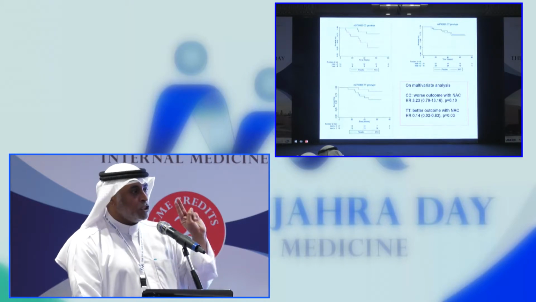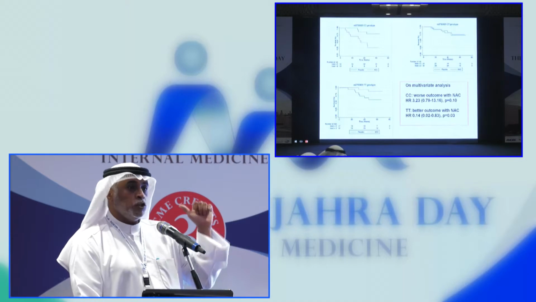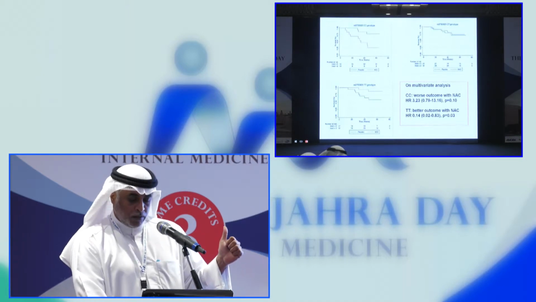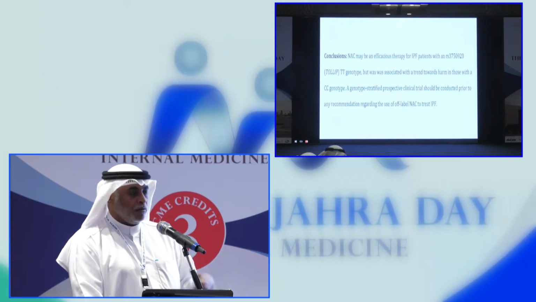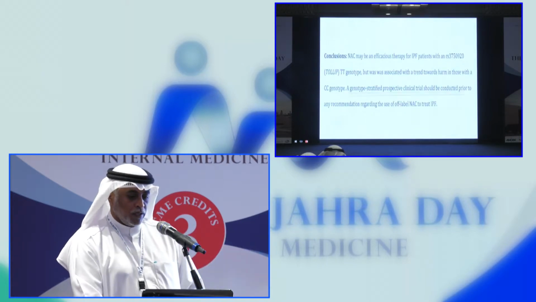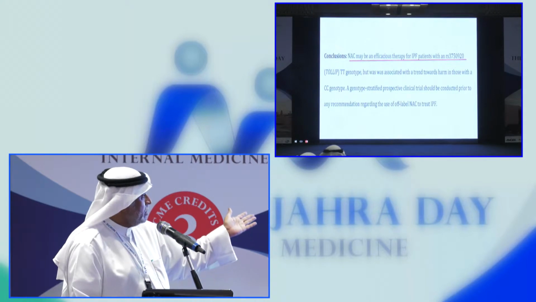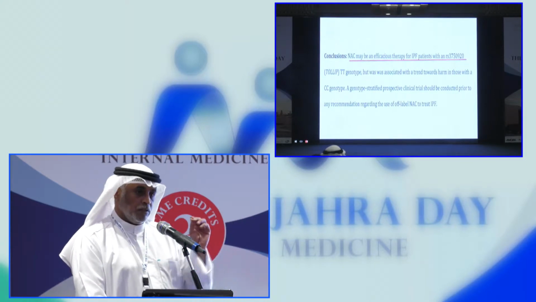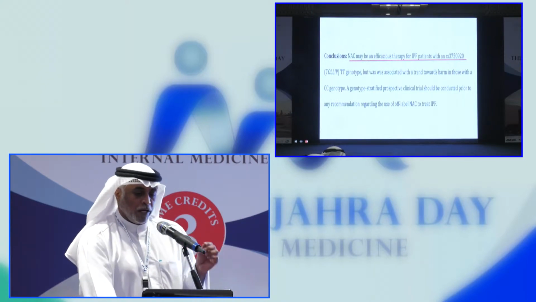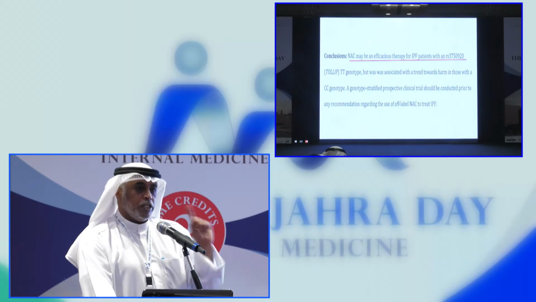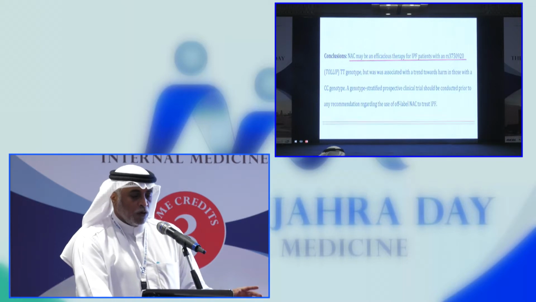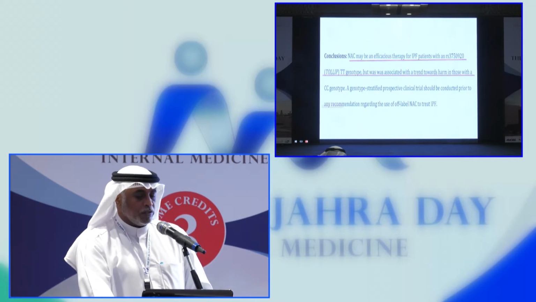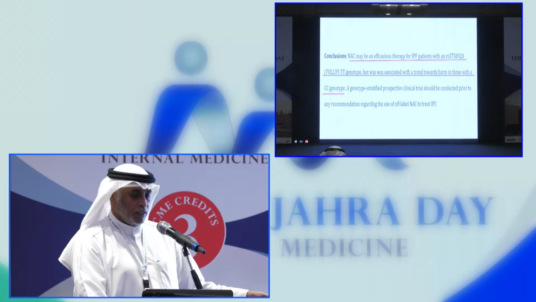Those with the TT genotype of TOLLIP did well. So actually, a genetic basis will be the future for this. The conclusion here, as I said, is that N-acetylcysteine may be effective in patients with IPF if they have the TT genotype of TOLLIP, okay? And those with the CC genotype do badly.